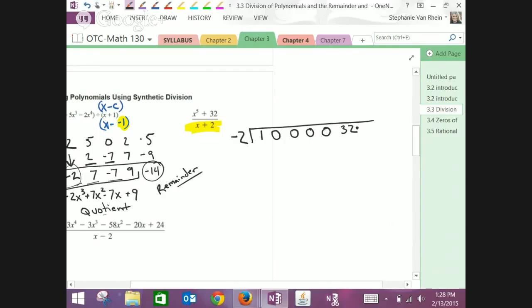You guys see that? Really, it's saying x to the 5th plus 0x to the 4th plus 0x cubed plus 0x squared plus 0x plus 32. The zeros are just understood. If you leave out a power of x, then you assume that the coefficient's 0.